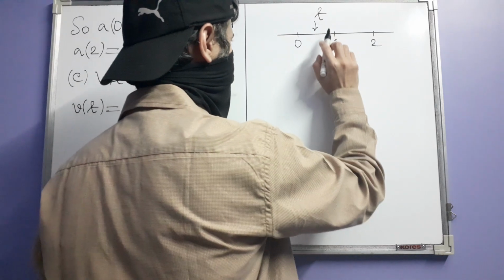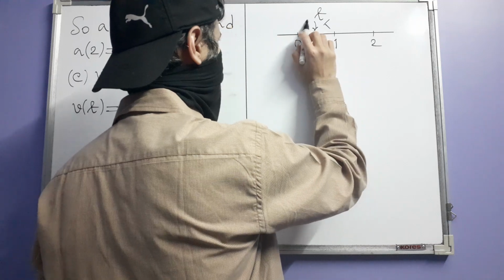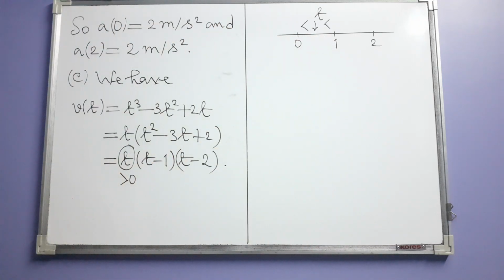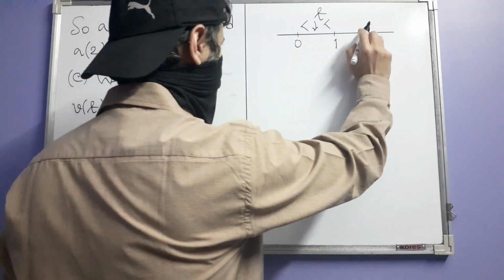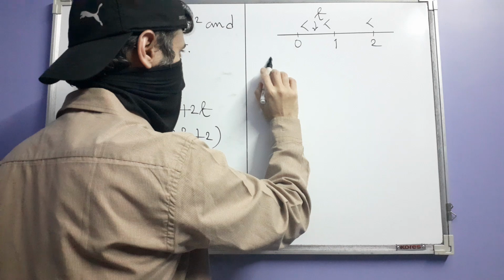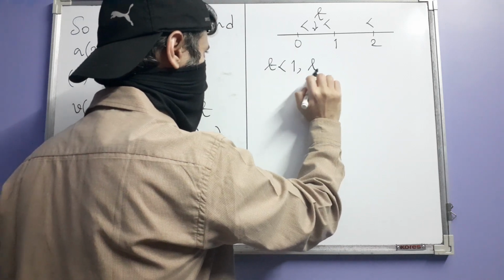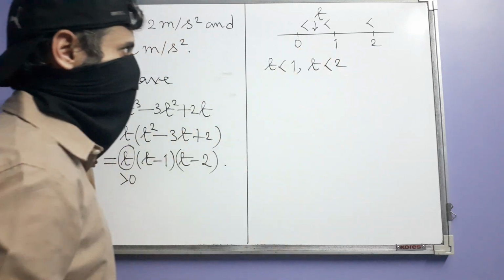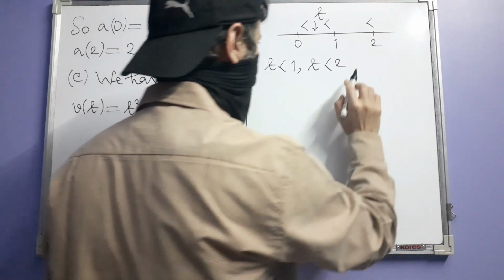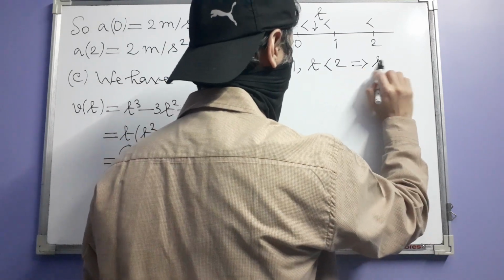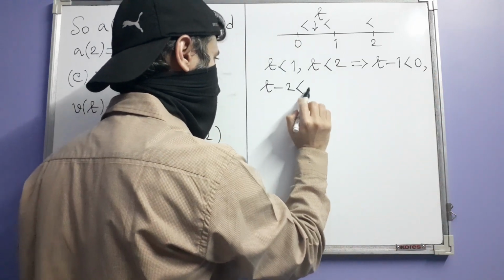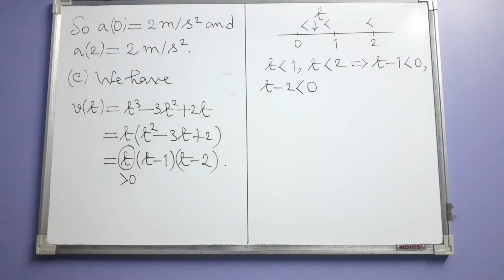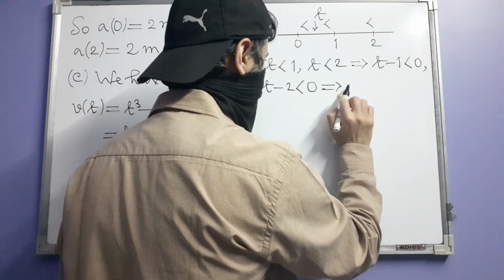Now if t is less than 1, that means if t is lying here, automatically t is also less than 2. So we are having these two things. If this is the position of t, this means what? T minus 1 is negative and t minus 2 is also negative. So if you now multiply these two negative numbers, you will get a positive number.